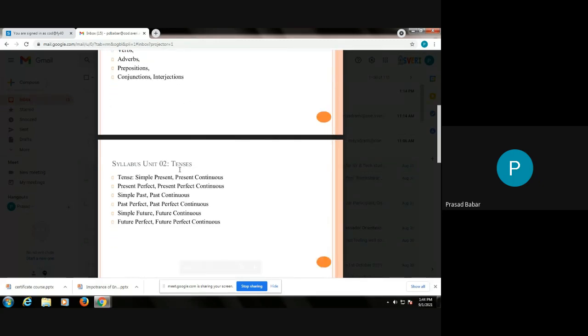How many types of tenses are there? There are 3 main types of tenses: present, past and future.